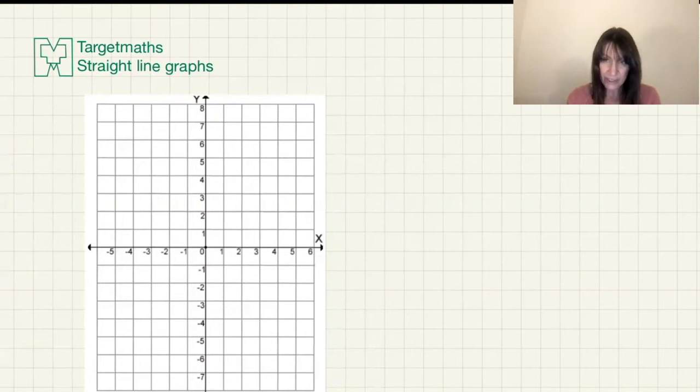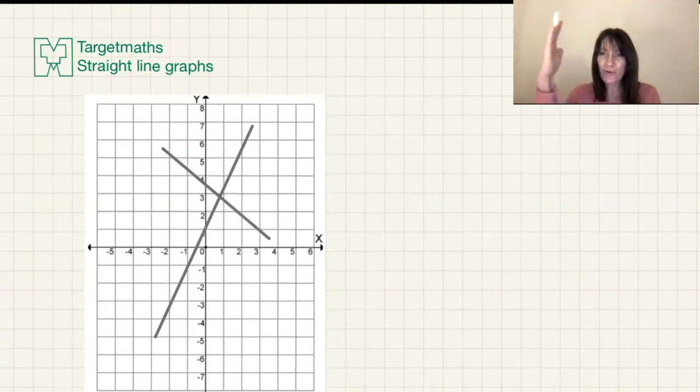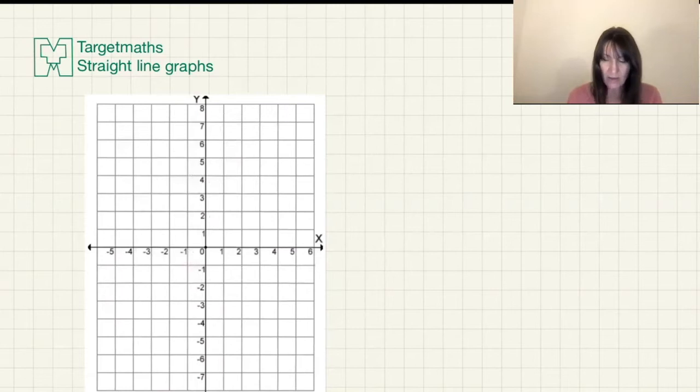But what we're going to do is develop our knowledge of these types of lines, or that type of line. And every single line that I could possibly draw, no matter what angle I draw it at, has its own unique name.